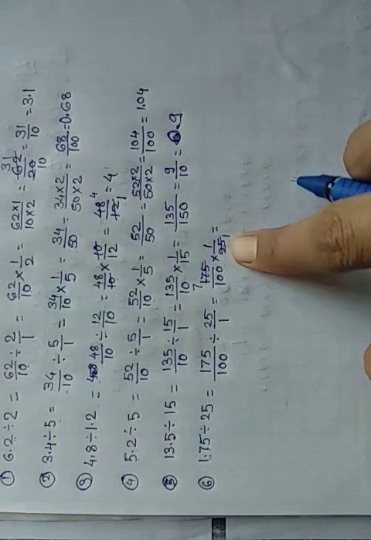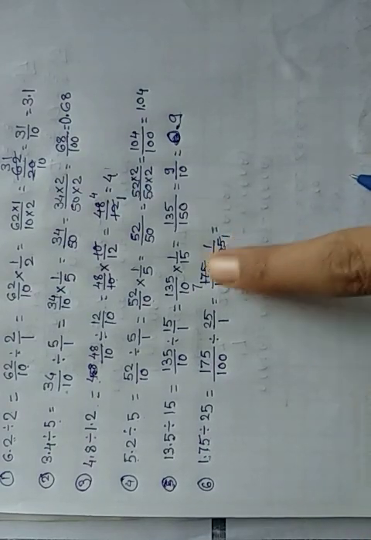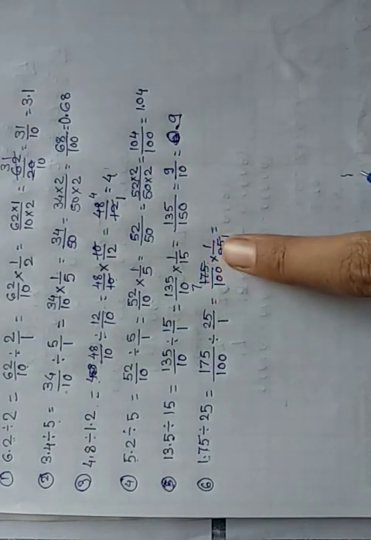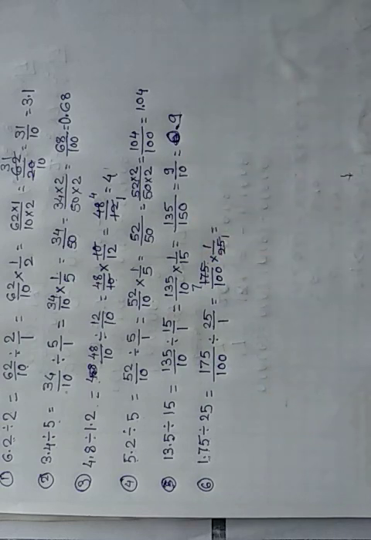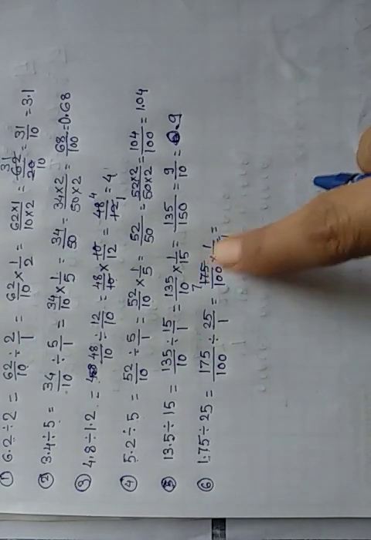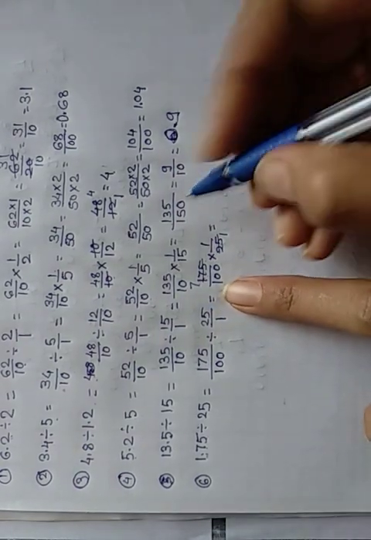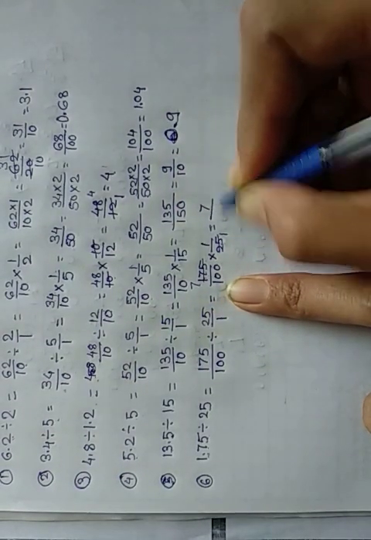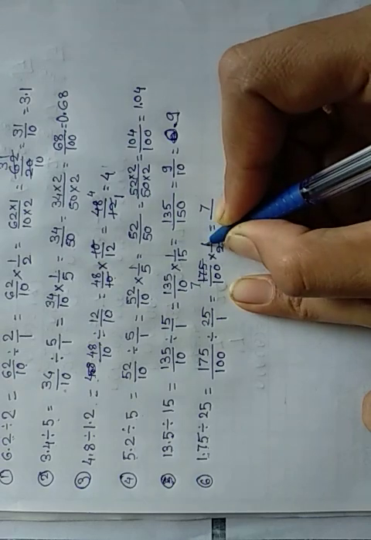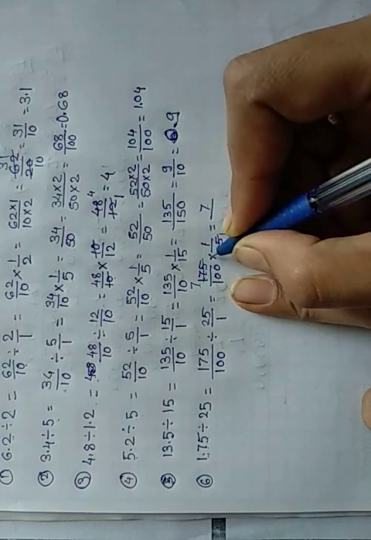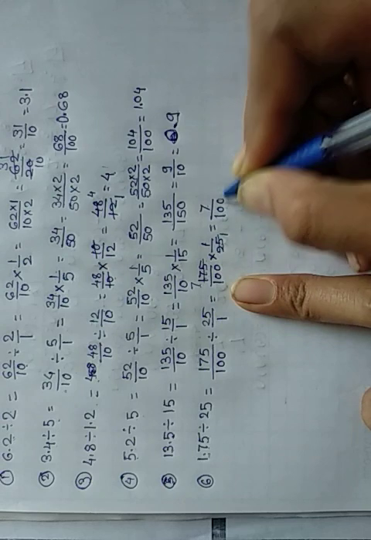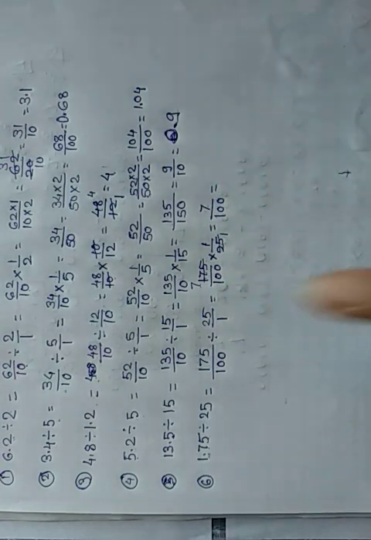You can reduce in this step also if the numerator and denominator, these both numbers, are from the same table, that is, 25 and 175 are from the 25's table. Okay, so the answer is 7 into 1, that is 7, 100 into 1, that is 100, 7 upon 100.